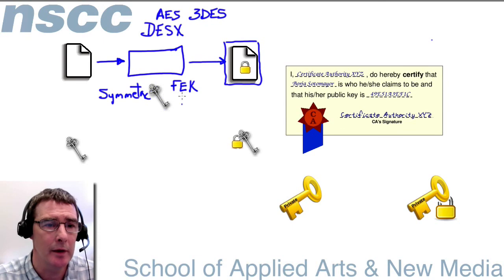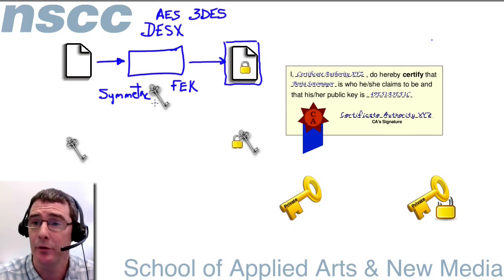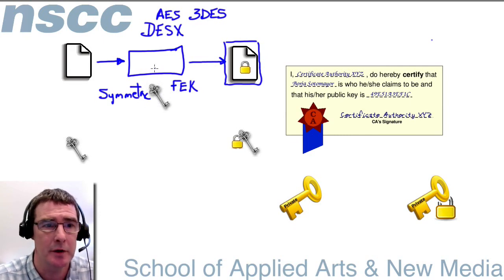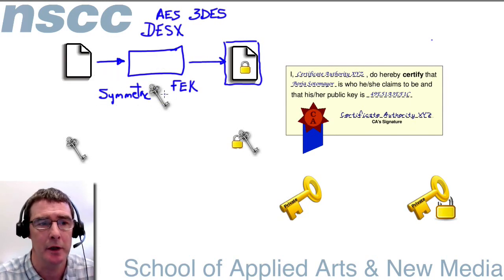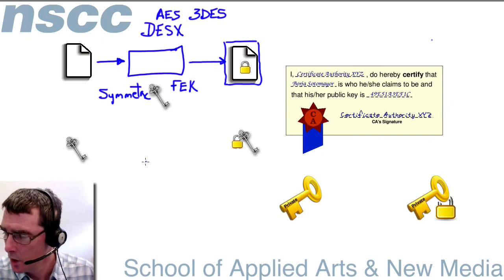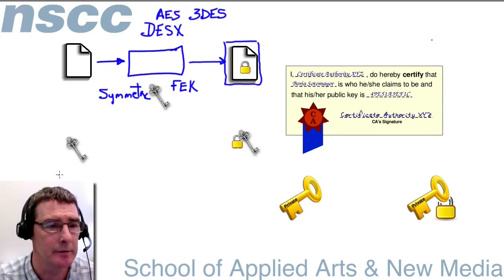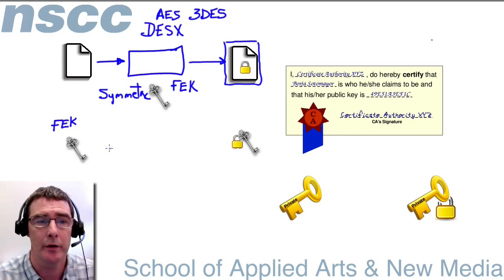Well, we then need to store the file encryption key. So it's no good having this encryption key able to be accessed by anyone, because they can just plop it into the same algorithm and go in the reverse direction, because in symmetric key the same key is used to encrypt as it is to decrypt. Well, what happens next is that this symmetric key, called the file encryption key, is itself encrypted and stored with the encrypted data.